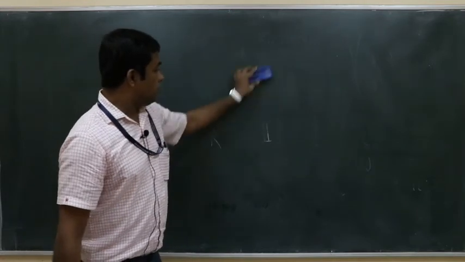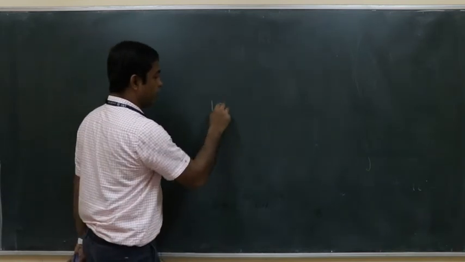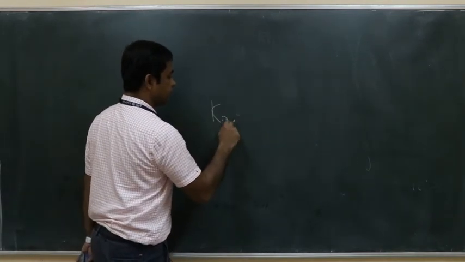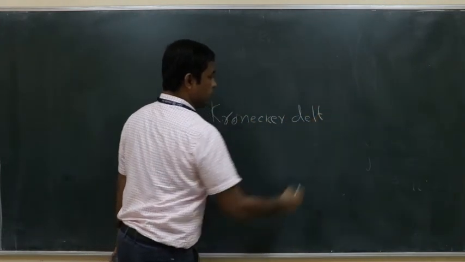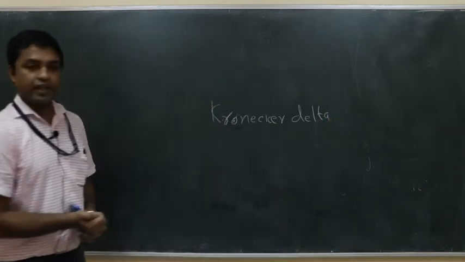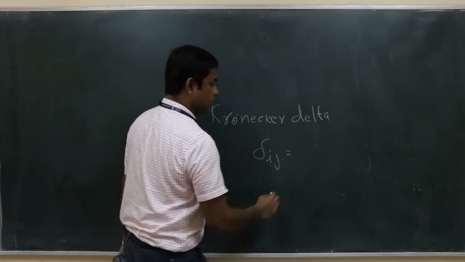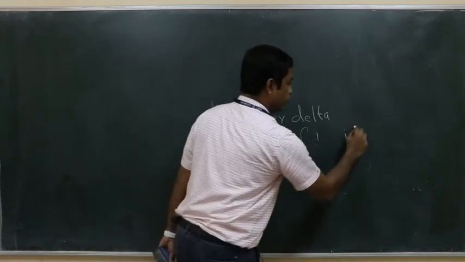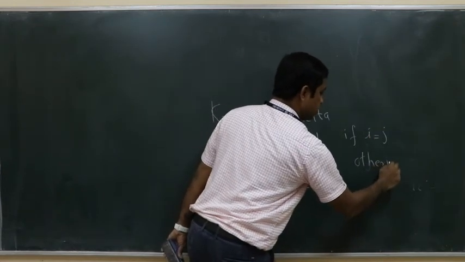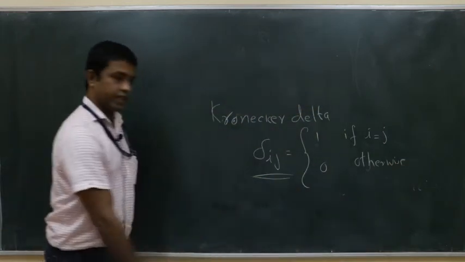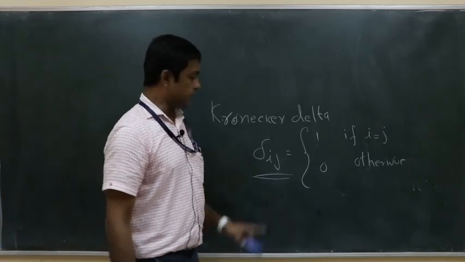Before getting into why it is orthogonal, you know what a Kronecker delta is? I already discussed it in one of the earlier classes. So delta ij is equal to 1 if i is equal to j, 0 otherwise. So this is what kind of tensor? Rank 2, a second rank tensor.